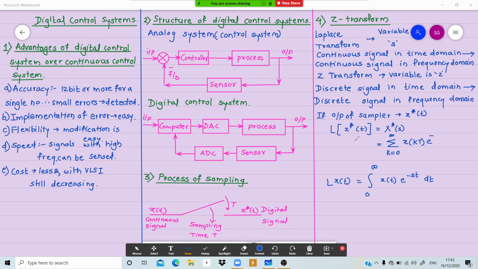Same thing we are trying to write it for a digital system, right? So for digital system when you are writing Laplace of x star of t, which you used to represent as x of s, right? So I am writing x star of s. It will not be integration, it will be summation. Your signal at that particular time e raised to minus st, but your t is what? Kt. So it will be e raised to minus kts.